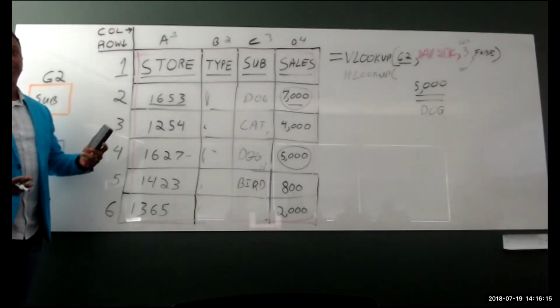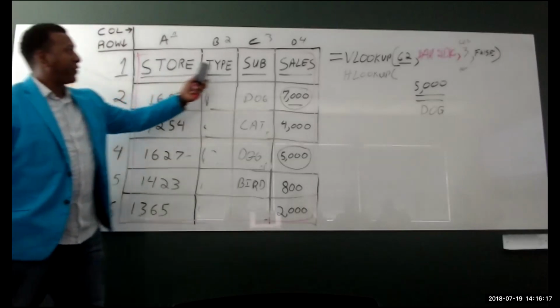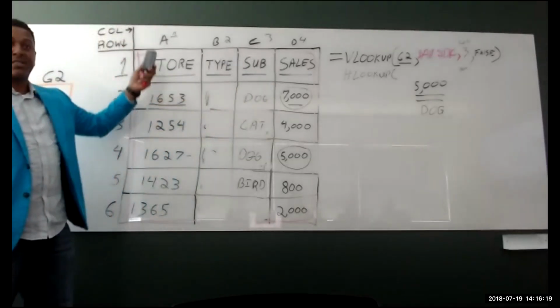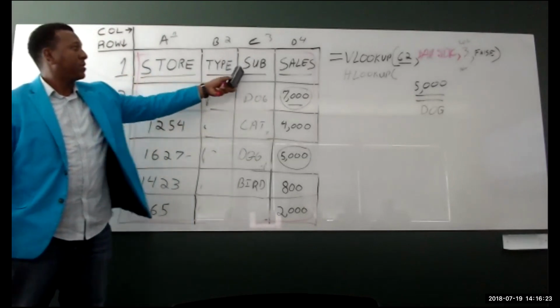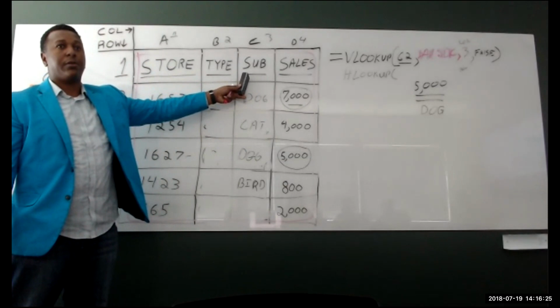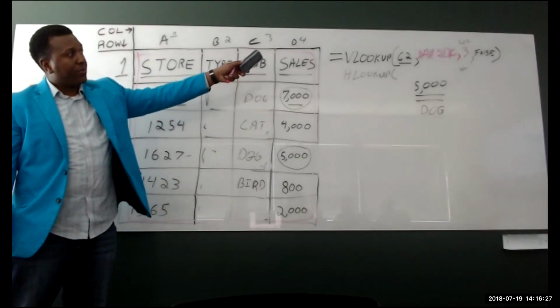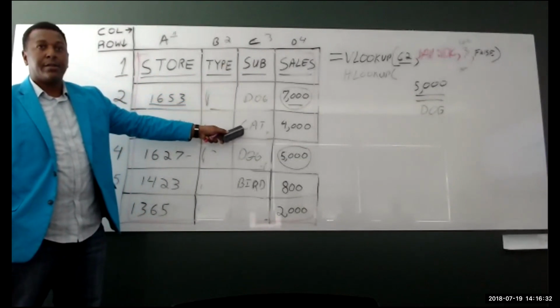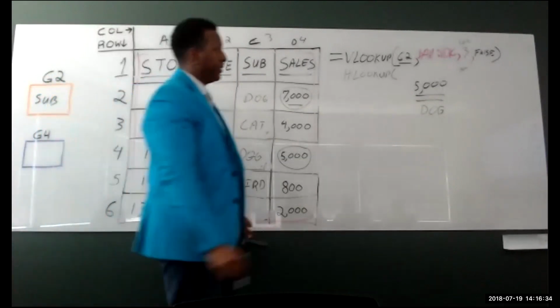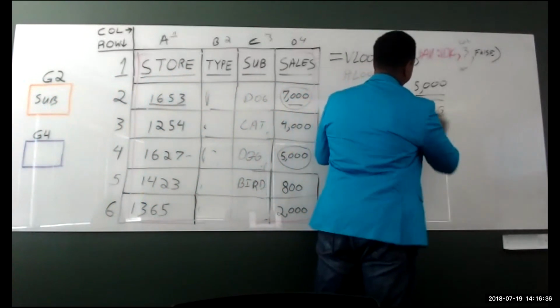So what the HLOOKUP is going to do is find the first row of my box, my topmost row. And it's going to say no, no, sub, yes. This is the one I want. And if I told it to go down 3 rows, it's going to count 1, 2, 3, and return the word cat.